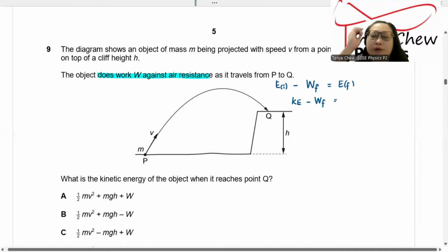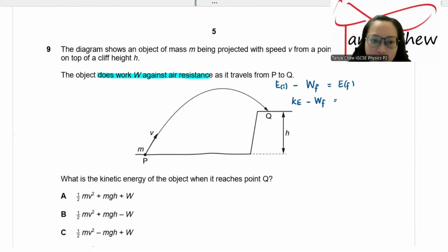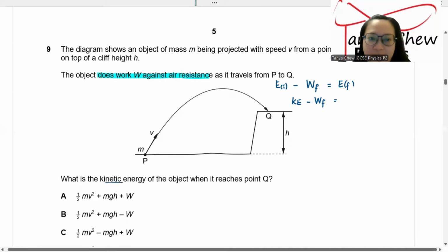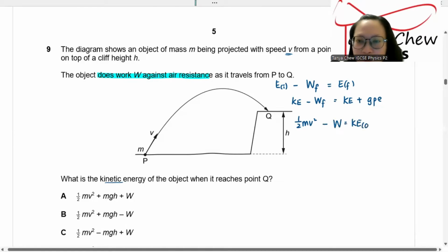And when the object reaches point Q, since the question asks for the kinetic energy at Q, the object has kinetic energy plus gravitational potential energy due to the height. Kinetic energy is half mv squared, because the speed is given as v, minus work done against friction, which is W, is equal to kinetic energy at point Q plus mgh.